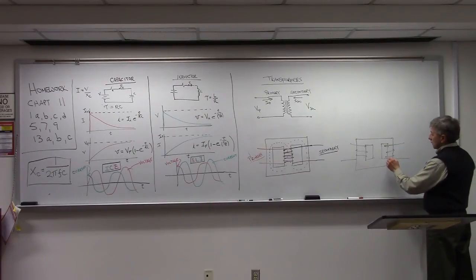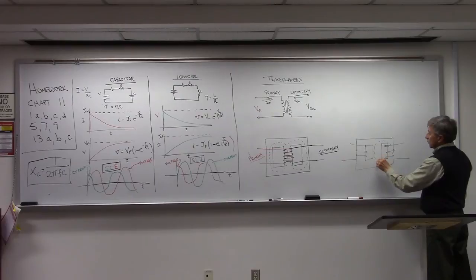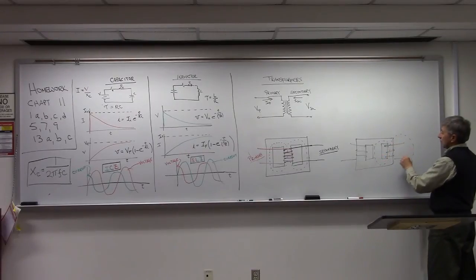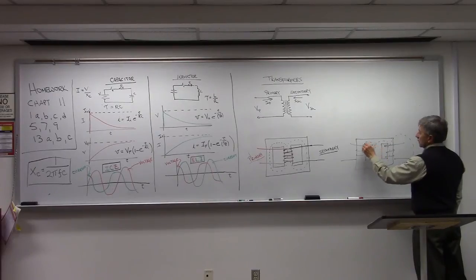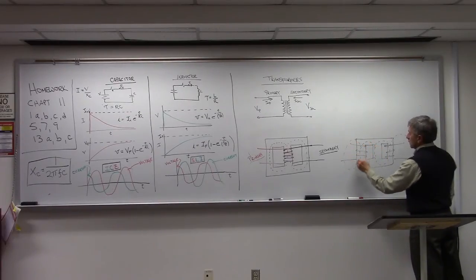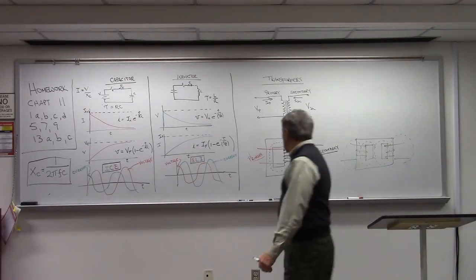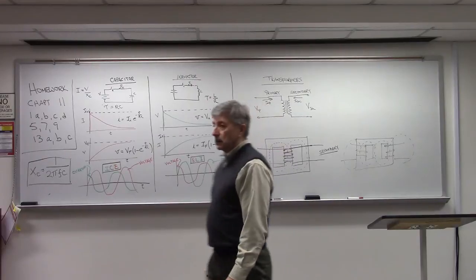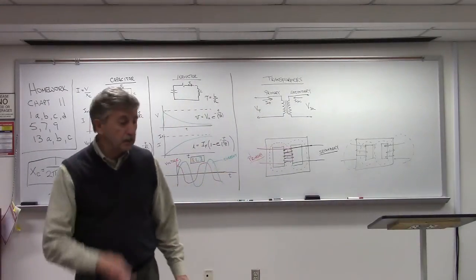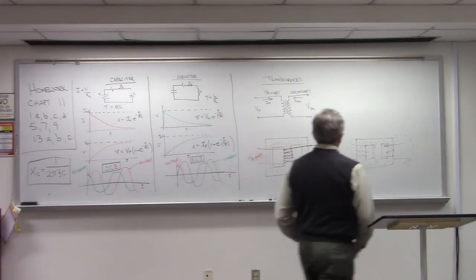And the magnetic field would kind of be like this, and then you'd have some out here in the air, like that. So these guys are not quite as efficient. I actually don't think I've ever seen a transformer wound like that, but it could be done.